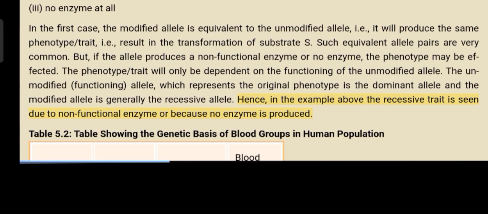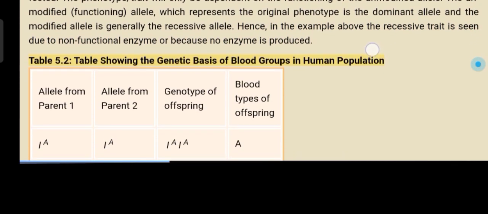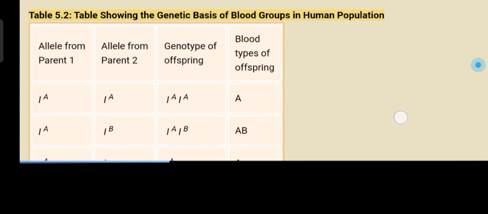Table 5.2, table showing the genetic basis of blood groups in human population.